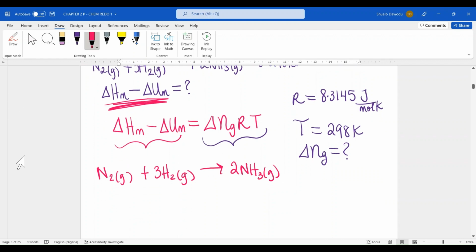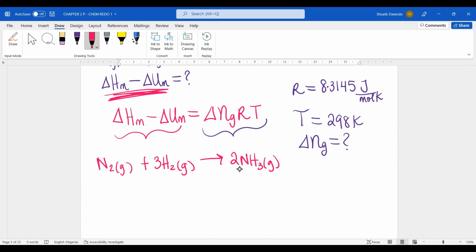The number of moles of gas for the product is simply 2, because we have 2 molecules of ammonia. Then on the other side, we have the number of moles of the reactant, the initial phase, before the reaction took place.